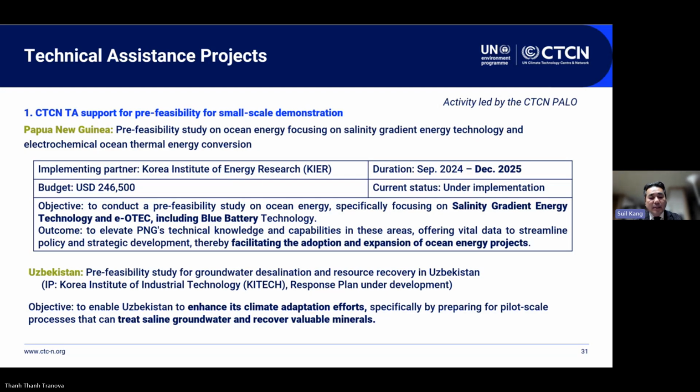The first one is CTCN TA support for pre-feasibility for small-scale demonstration. So you can see two cases. The first one is Papua New Guinea. It is on salinity gradient energy technology and electrochemical ocean thermal energy conversion.